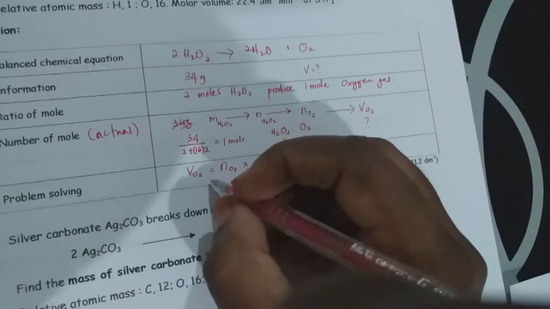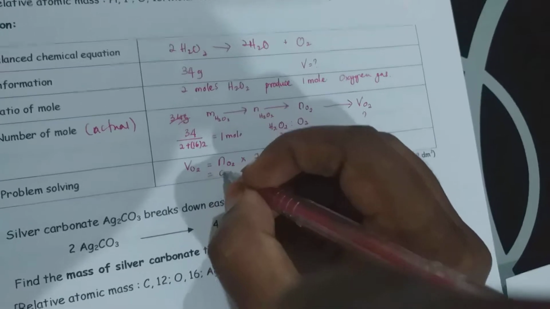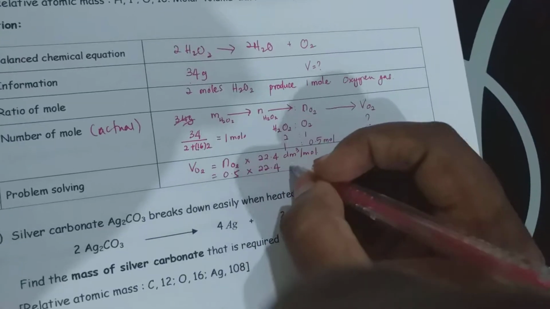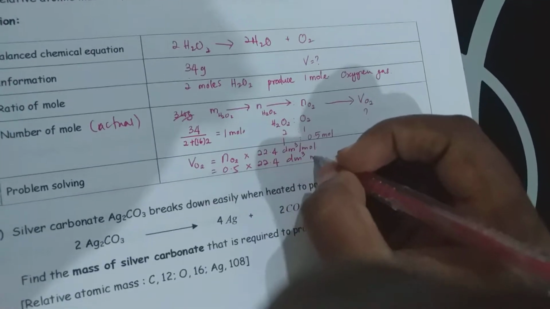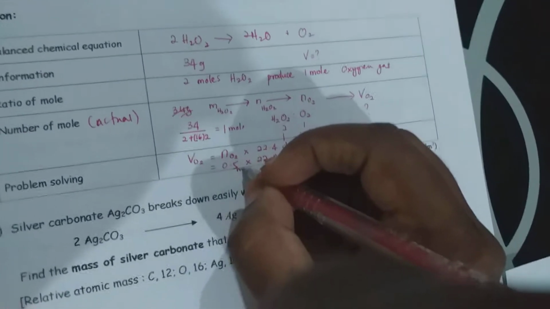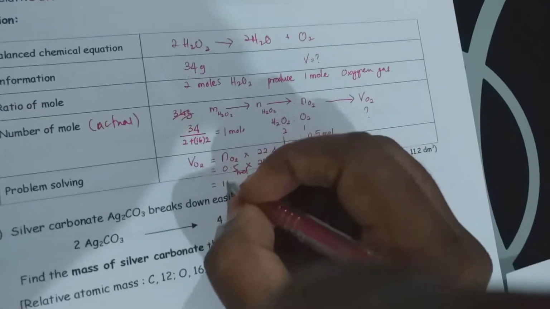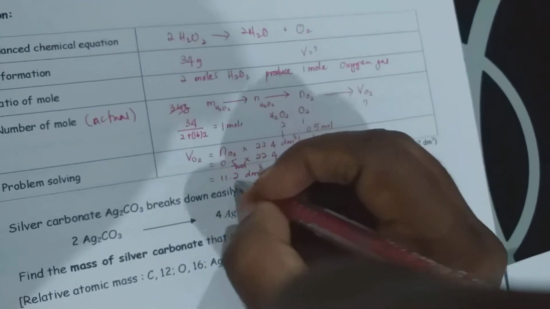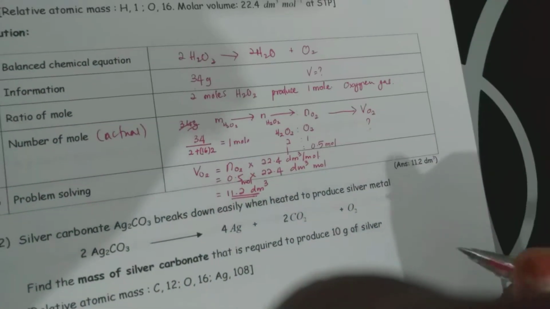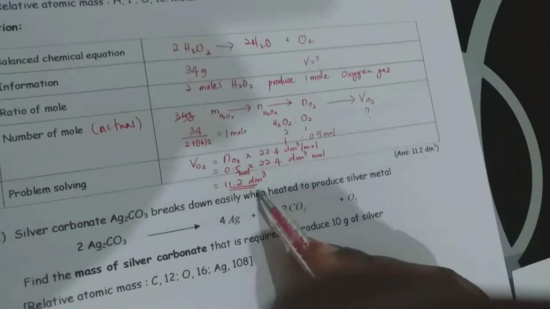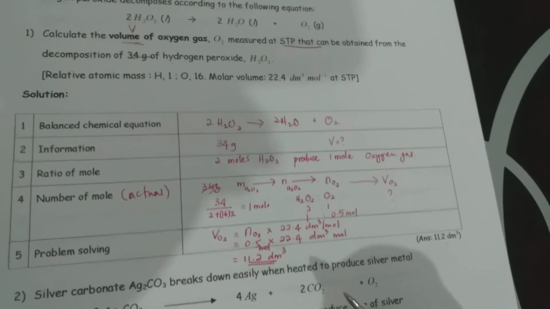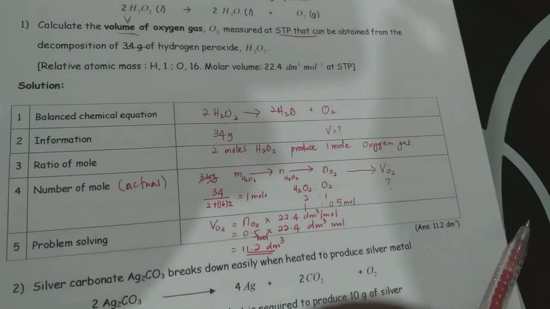So here n is 0.5 times 22.4 dm cube per mole. Remember this is mole, so you will get 11.2 dm cube. So the answer is C. This is how we do the problem solving. Okay, clear?